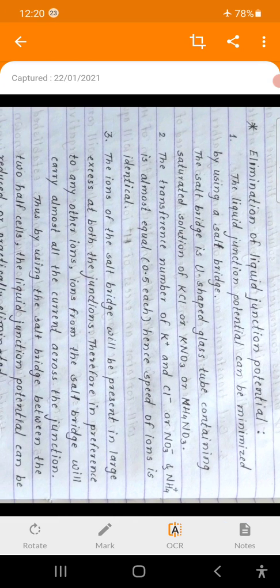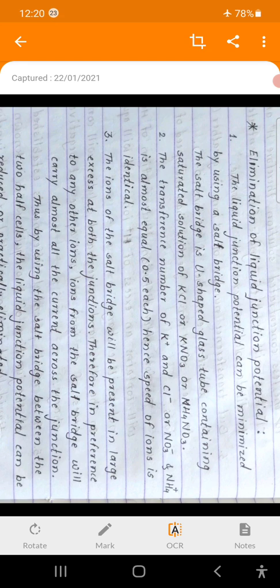Then how will you eliminate this liquid junction potential? Why is it necessary to eliminate it? Because as junction potential increases, the cell ceases to operate.